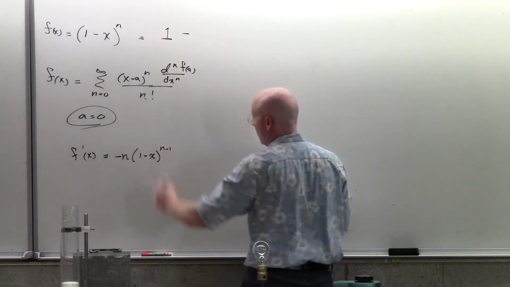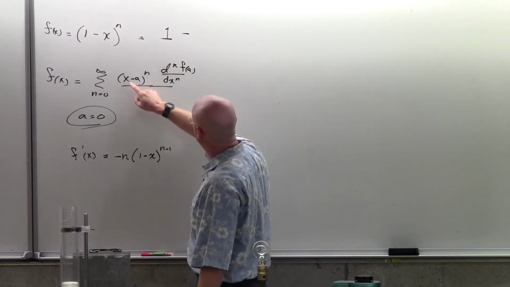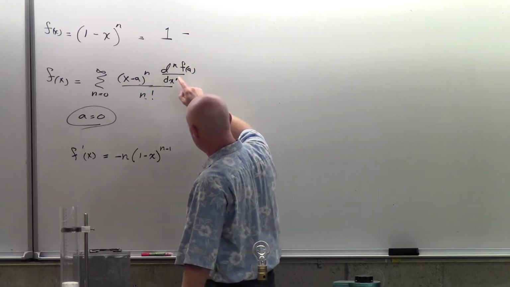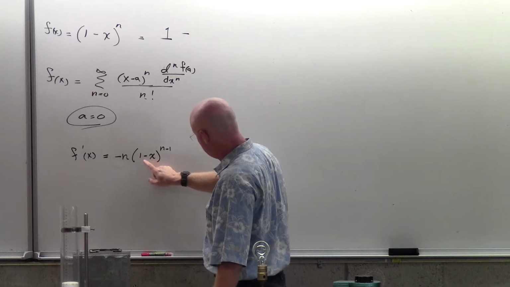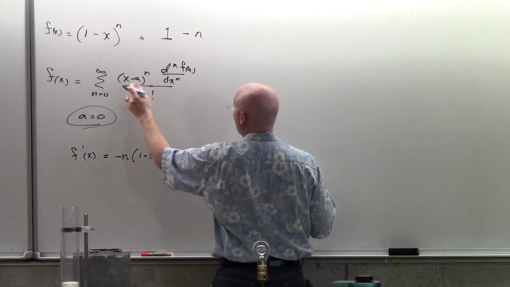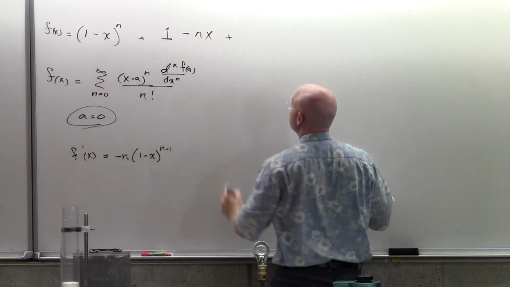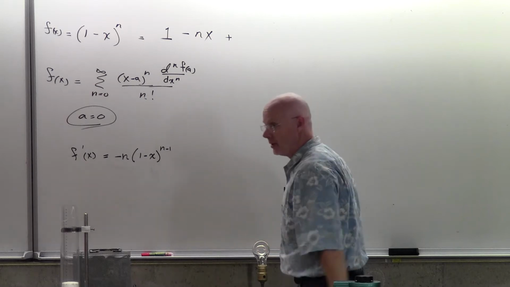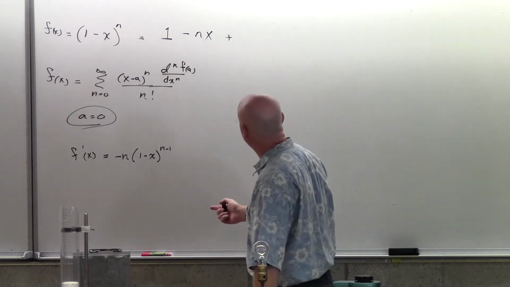So when I evaluate it, I am going to get a 1 to the 1 power, that's a 1. I'm going to get the first derivative evaluated at 0, that's a 1. So that's a minus n x to the n. There we go. Plus the next derivative, and that's probably enough to see what we want to see.